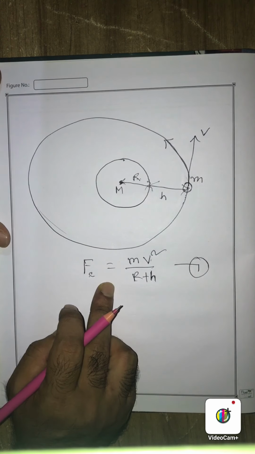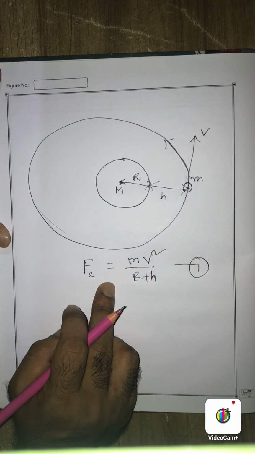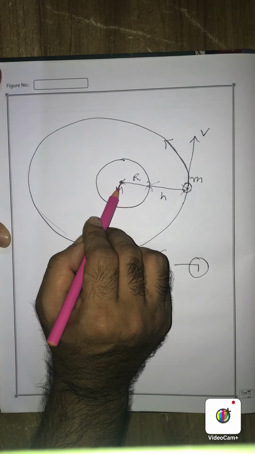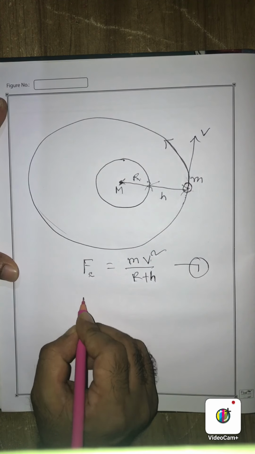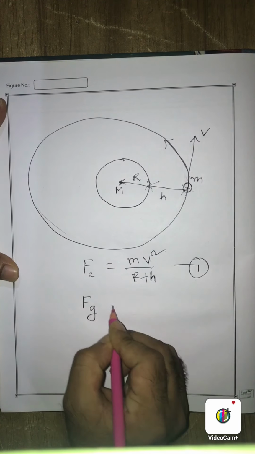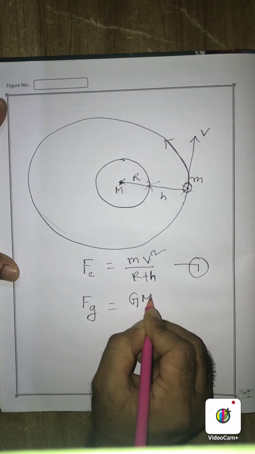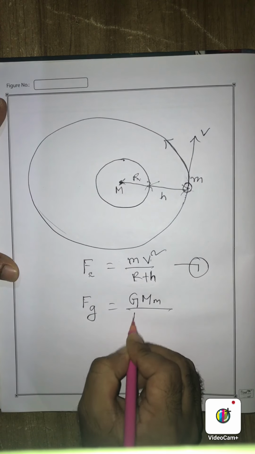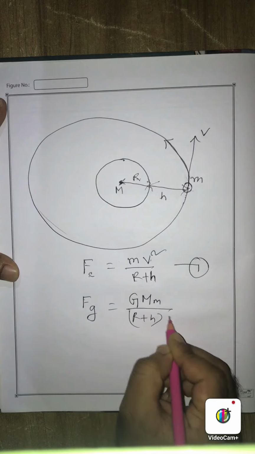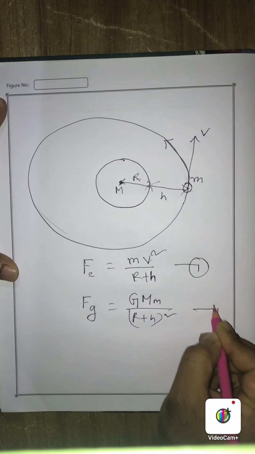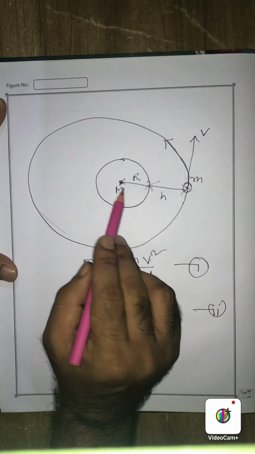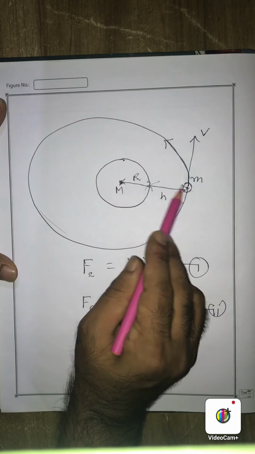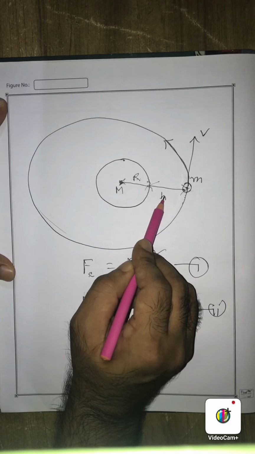This centripetal force is created from the gravitational attraction force between the earth and the artificial satellite. So the gravitational attraction force Fg is G capital M small m divided by (R plus h) whole squared, because the distance between the center and the artificial satellite is R plus h.